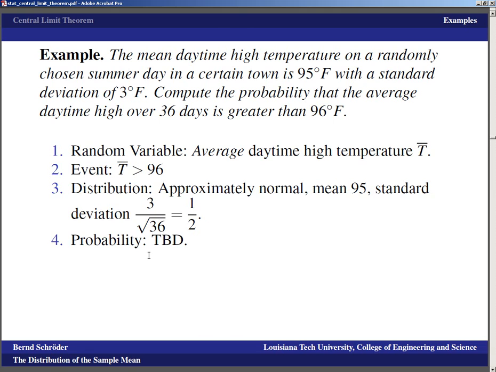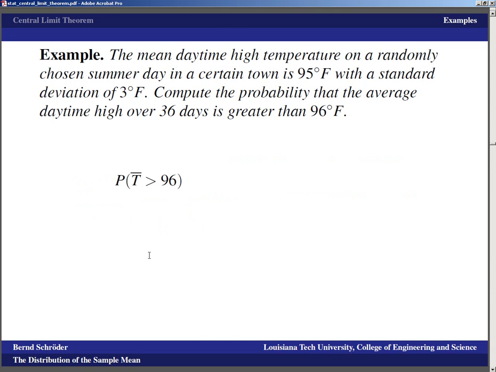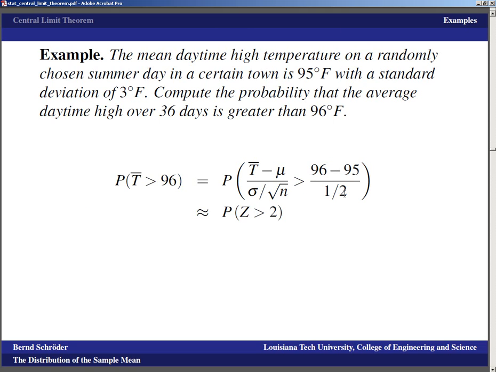The probability is what we want to determine, and so that means we're interested in the probability that T bar is greater than 96. Well, what do we do with a normal distribution? We subtract the mean, we divide by the standard deviation, so we get 96 minus 95 divided by 1/2, which will give us approximately the probability that a standard normal random variable, because this is approximately a standard normal random variable, is greater than 2, which is 1 minus the probability that the standard normal random variable is smaller or equal than 2.